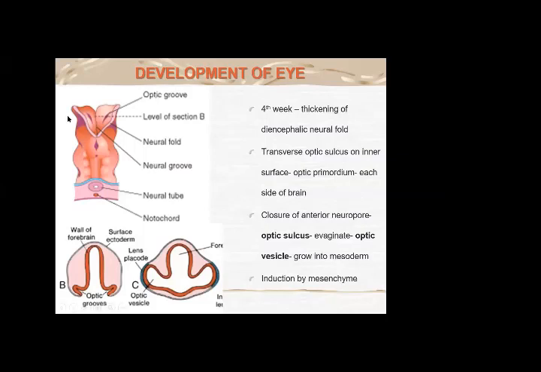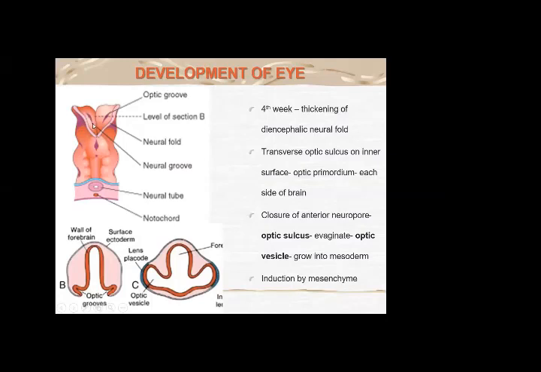I'm sure they must have told you that diencephalon is the most cranial part of the neural tube. So this is the part where you have the forebrain or the diencephalon. So thickening of the neural tube, the cranial most end.